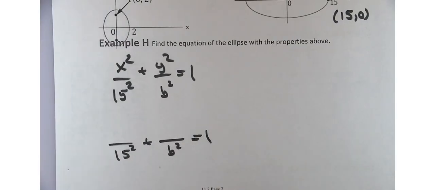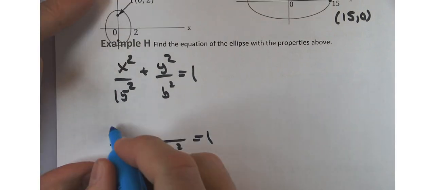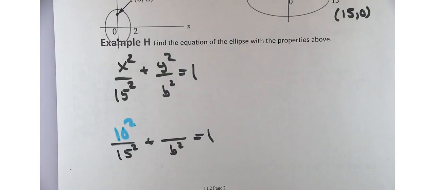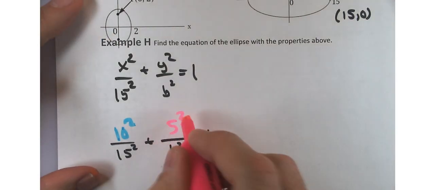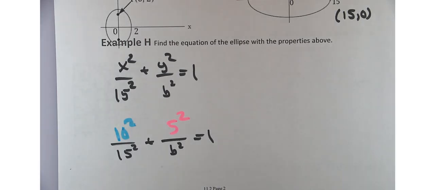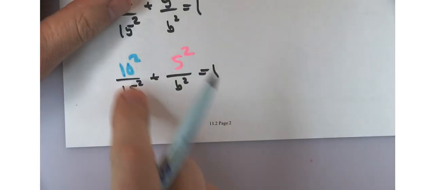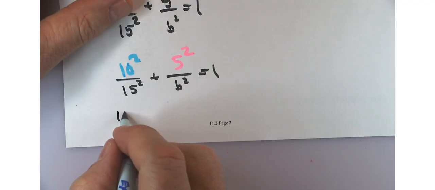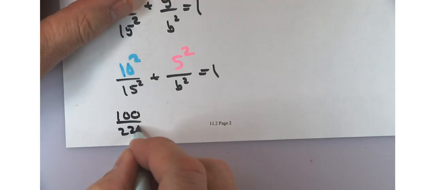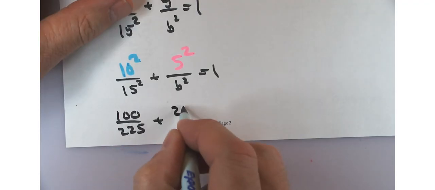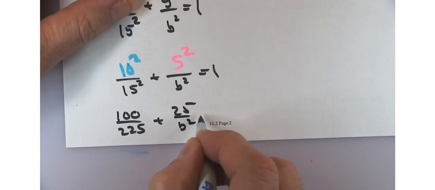So it's going to be 10 squared over 15 squared and 5 squared over b squared. That's going to be 100 over 225 plus 25 over b squared equals 1.